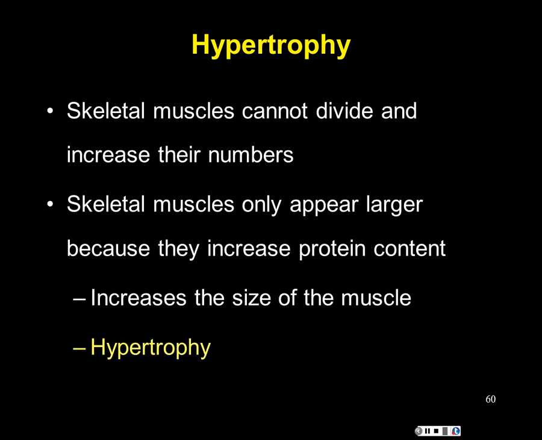However, you may be thinking, well, then how is it that I can go to the gym and look bigger after exercising, or not go to the gym and look smaller, whatever the case may be? What's happening during those periods is you're not increasing the number of muscle cells, you're increasing the size of the muscle cells. You're increasing the myofibrils, number of sarcomeres basically. And so you add more stuff inside of the cytoplasm. The cell just gets larger in diameter.